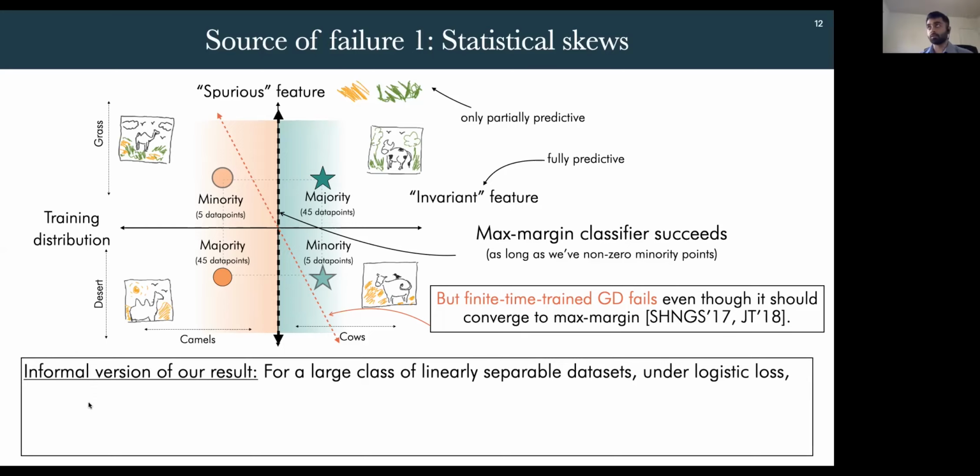We test this in practice on some synthetic data sets and also some really toy data sets like the one I'm showing you here. Based on that, we were able to conclude that even when the spurious feature is only weakly predictive of the label, and when the invariant feature is fully predictive of the label, you see that in practice, classifiers use the spurious feature.